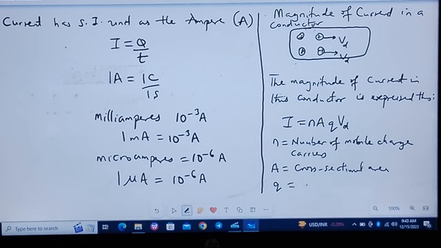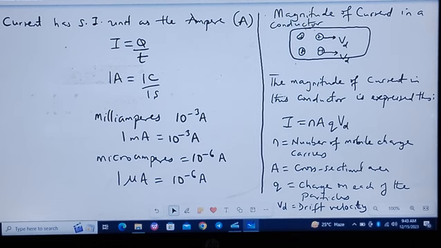Q is equal to the charge on each of the particles, while V subscript D is the drift velocity.